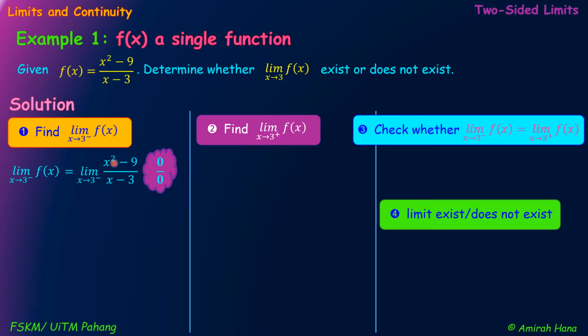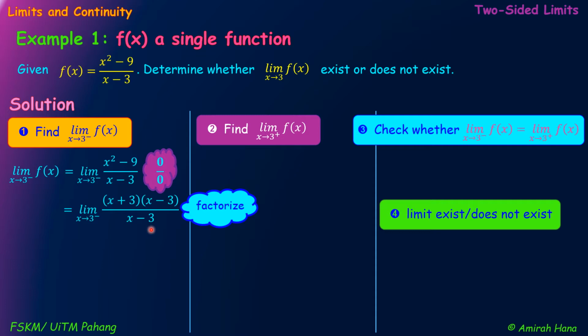If the function here is a quadratic function, we need to factorize. So from here, we have limit x approaches 3 from the left, and after we factorize x squared minus 9, we get x plus 3 times x minus 3, over x minus 3.